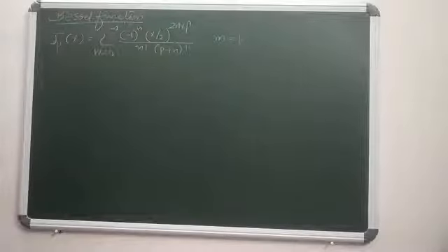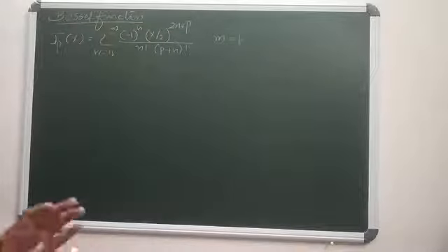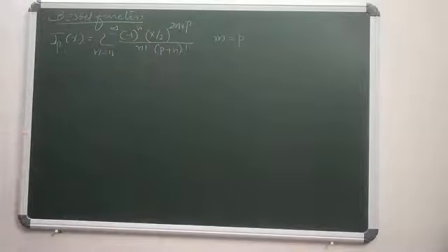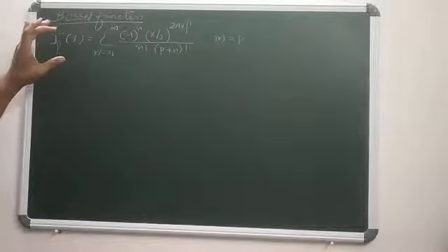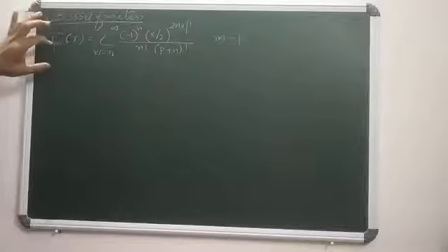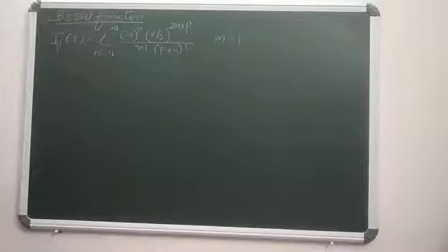Now, in order to find out the general solution of the Bessel equation, we have to find a solution which is not a constant multiple of this J_p(x). Our next task, our aim, is to find the general solution of this Bessel equation.